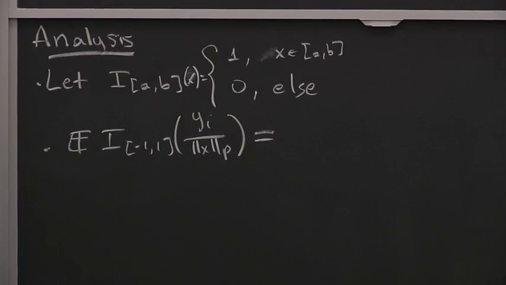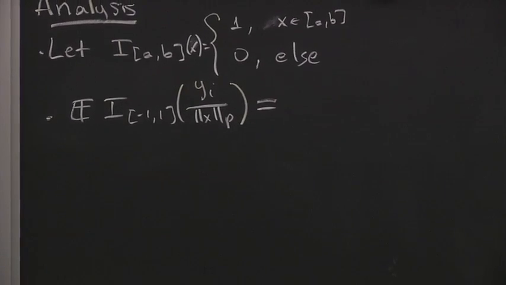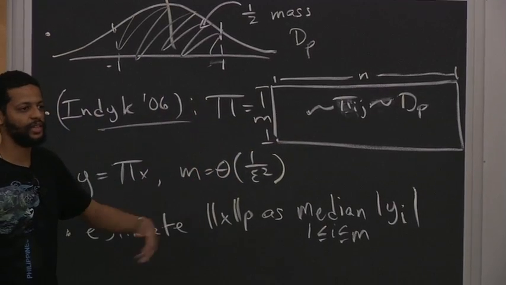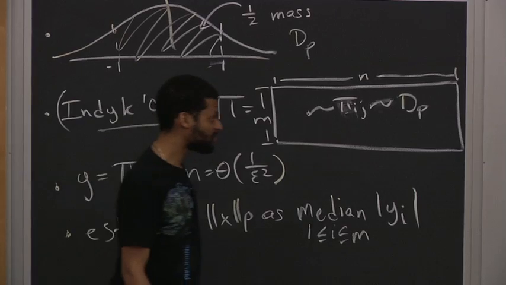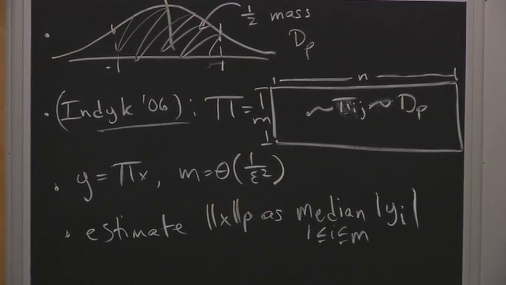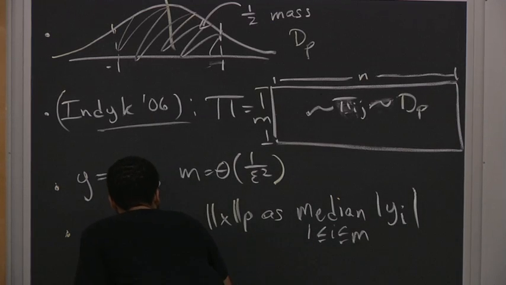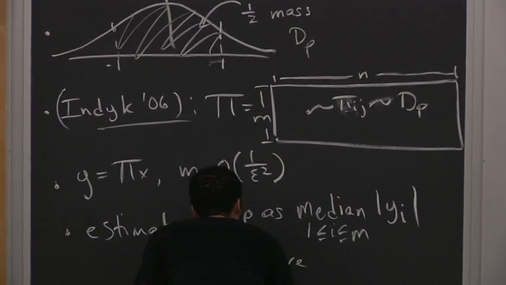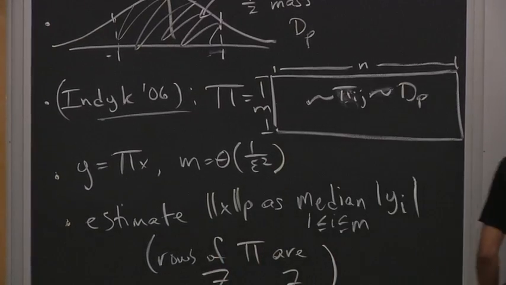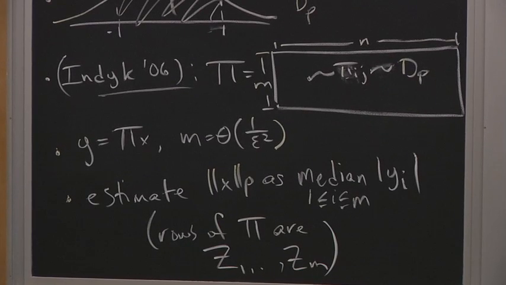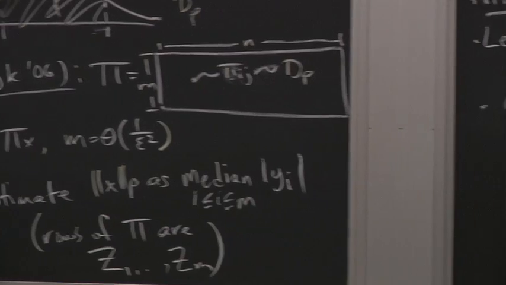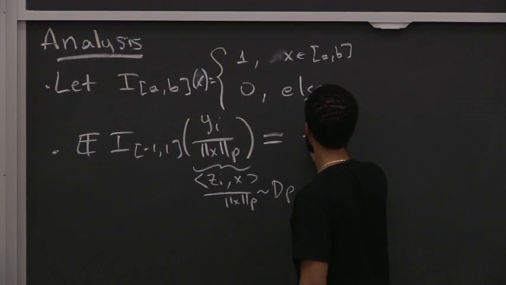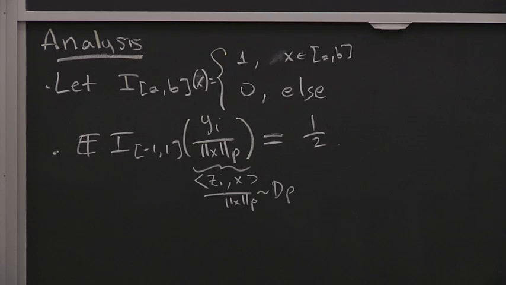Each entry of y, the ith entry of y, is the ith row of Pi dotted with x, which is a D_p scaled by the LP norm of x, right? Let's say that the rows of Pi are these vectors, I'll call them z_1 up to z_m. So this thing right here is just z_i dotted with x over the LP norm. So this is distributed like D_p. So this is a half. Right? That's what that scaling means.